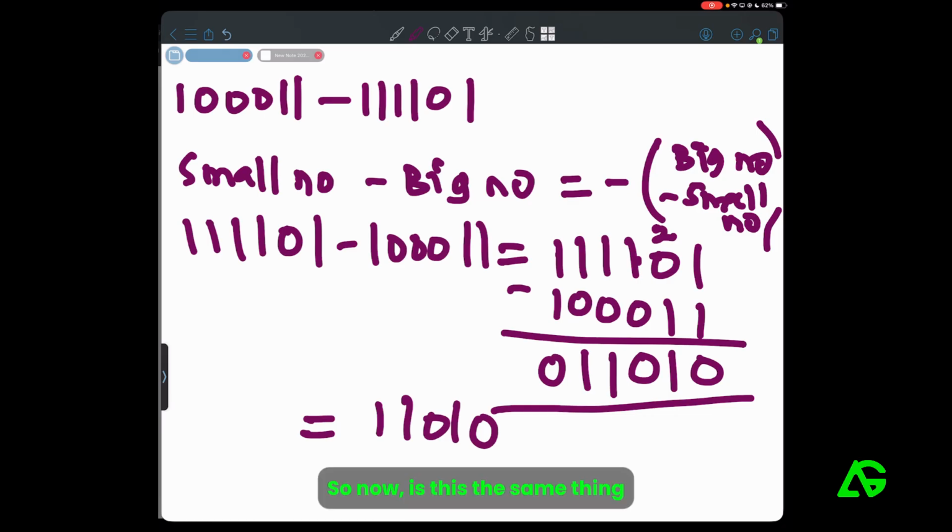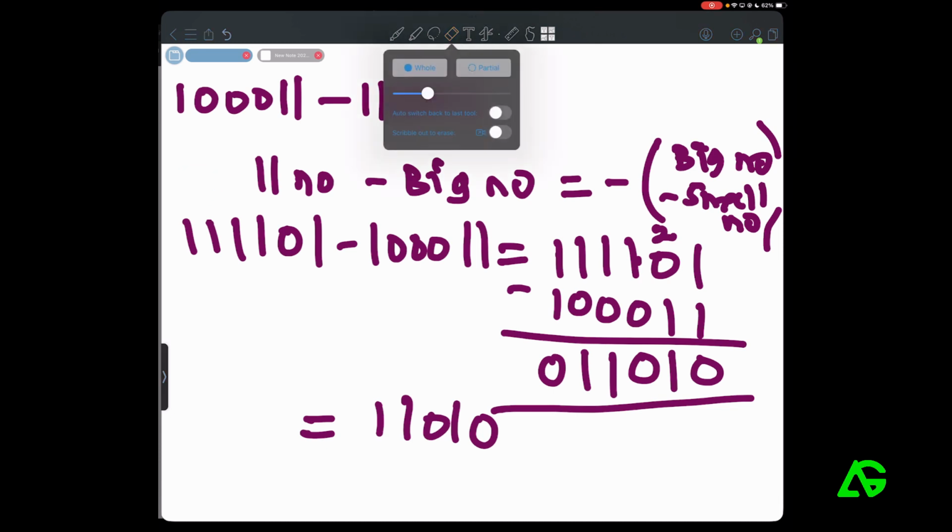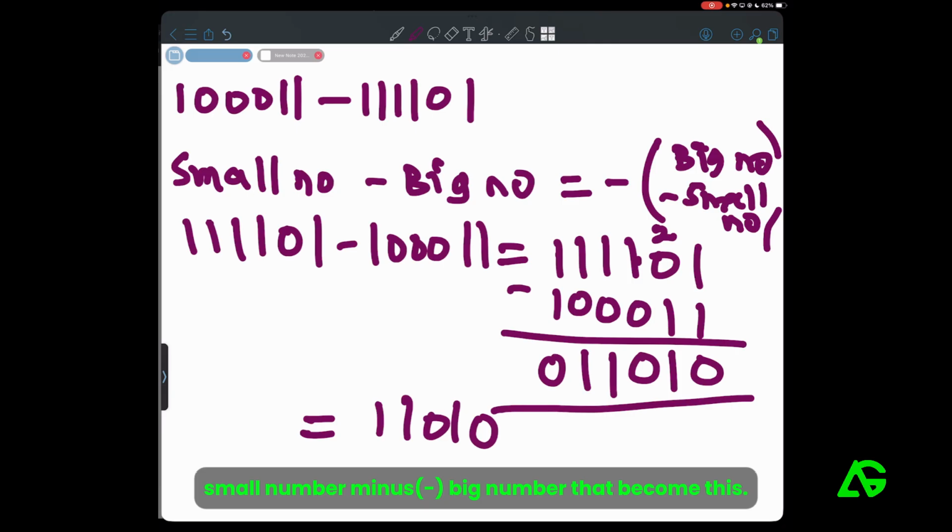Yeah. So now, is this the same thing as what we have initially? It's the same thing, right, when we convert to base 10. So that is the ideology in tackling this. So that means our final answer, based on small number minus big number, becomes this.